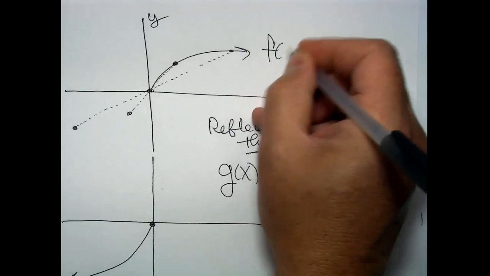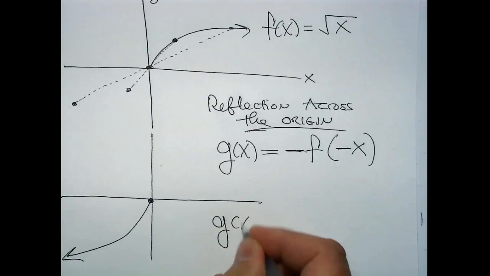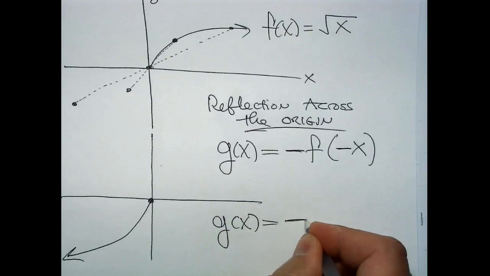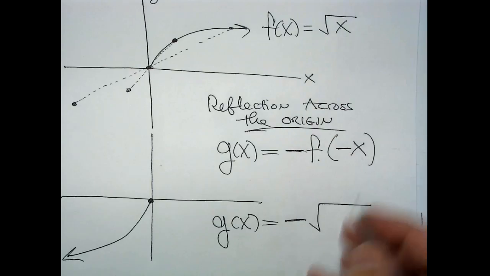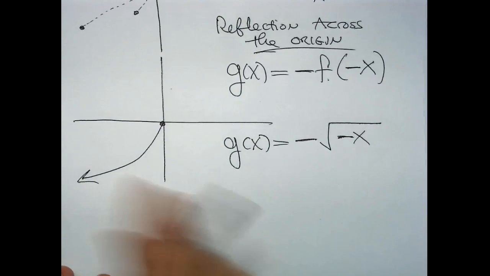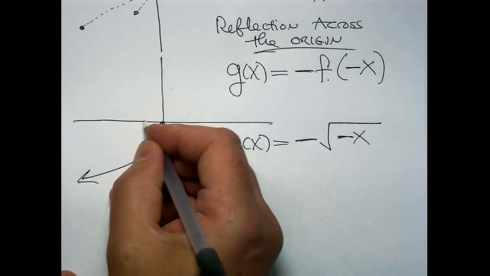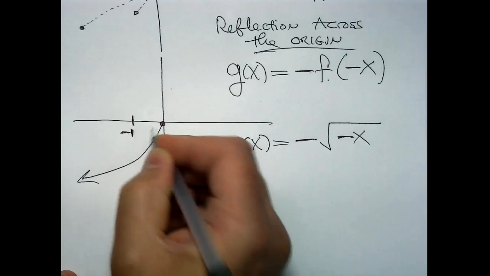Well, here's our f of x again. It's the simple square root function. So g of x would be negative on the front, square root of, well, I replace x with negative x, and it almost looks like they cancel, but they don't. That's a reflection across the origin. Does it really work? Let's try it. See this negative 1 right here for x?